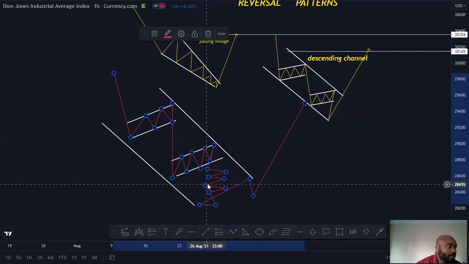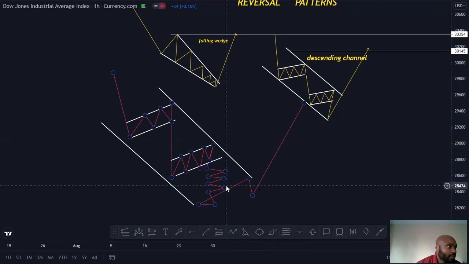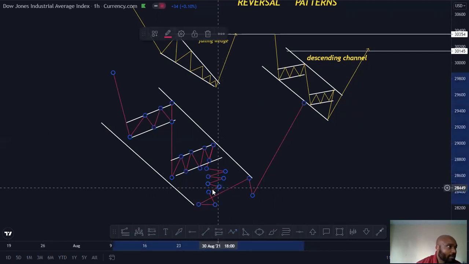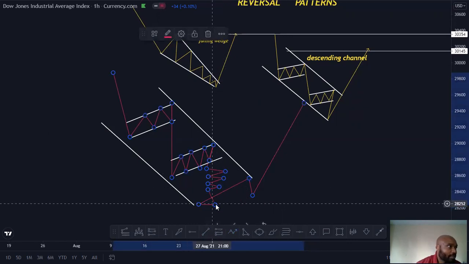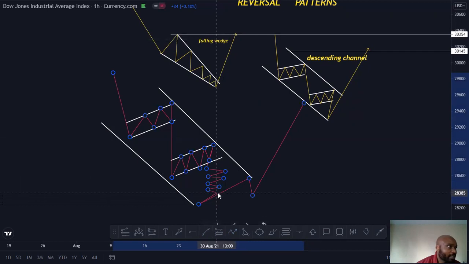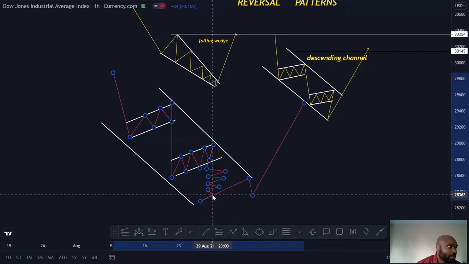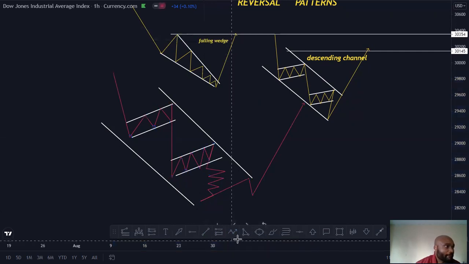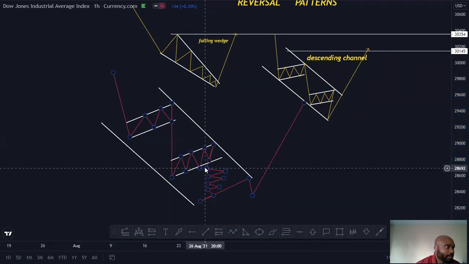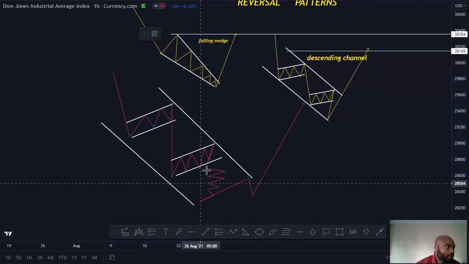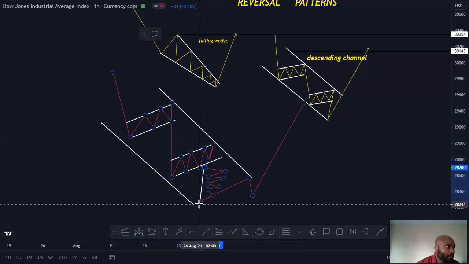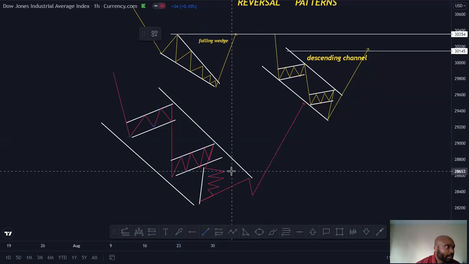Sorry. It needs to be a bit perfect, even though the charts won't give us that picture perfect type of these things. Okay, guys, but we need to just make them be perfect. Okay, so you're going to have your falling wedge right there.